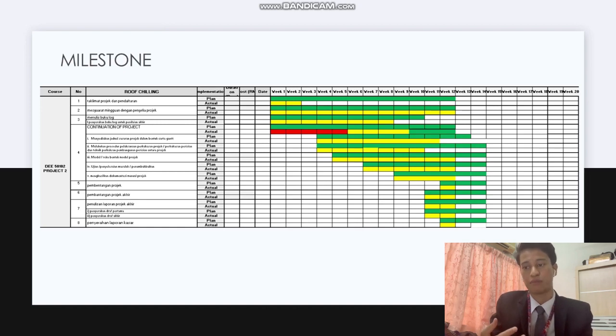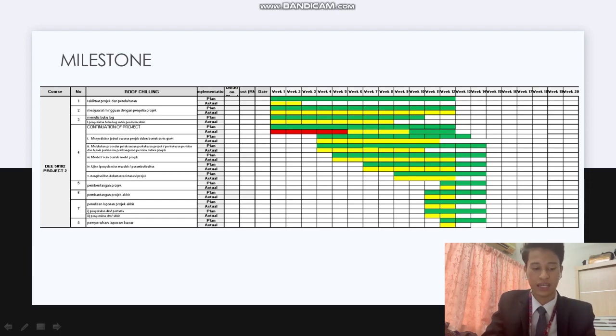So these are the milestones. As you can see, in the continuation of the project, I had a few red spots or bad weeks in week 1 to week 5.